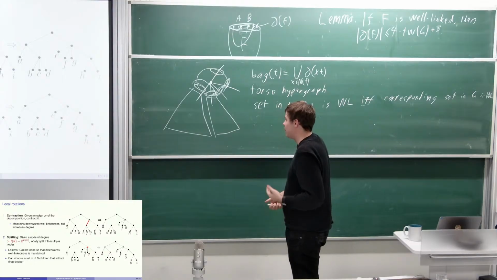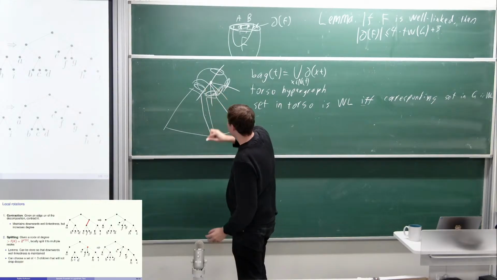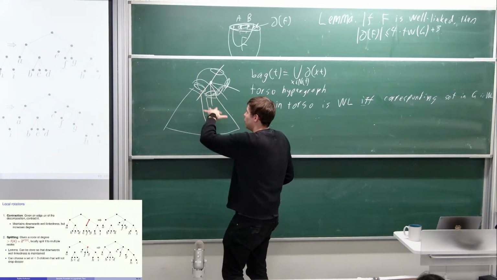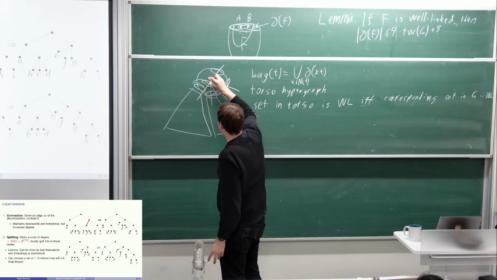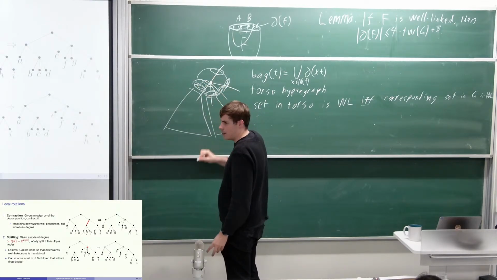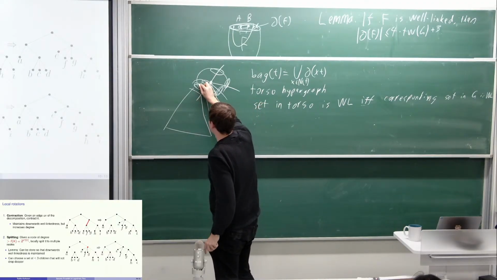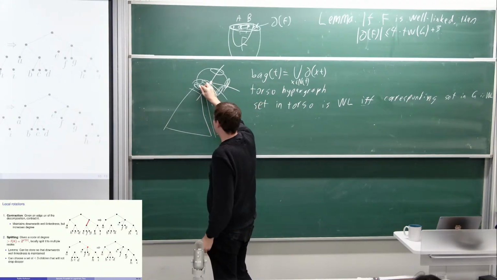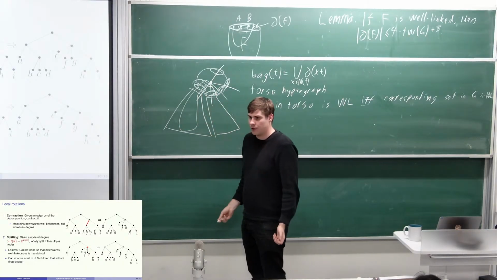This requires some proof. The idea of this proof is that we use the fact that this is downwards well-linked. If we have some boundary here, and you can route some stuff by using these hyperedges, then you can use this well-linkedness to say that the routing in this hyperedge can always be replaced by routing with actual edges of the graph.